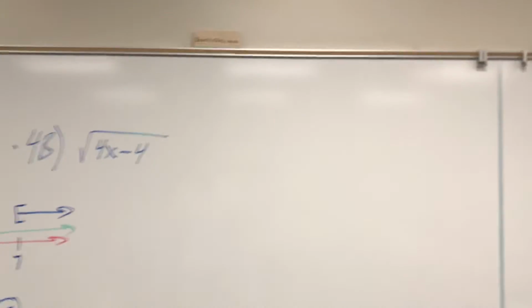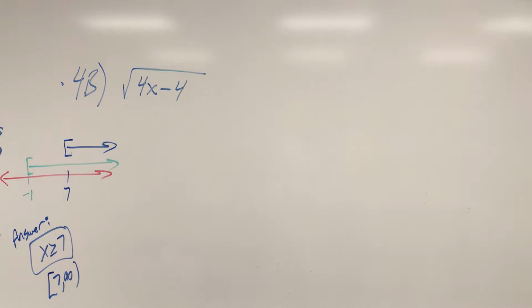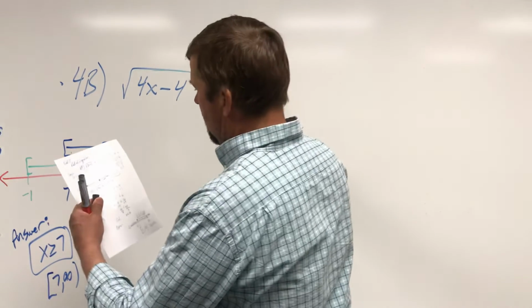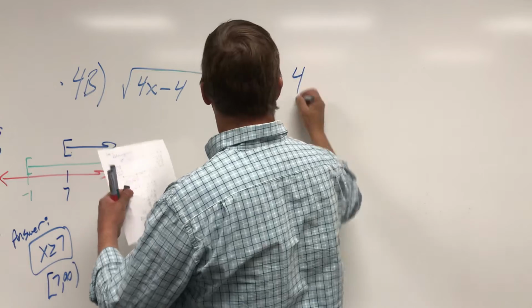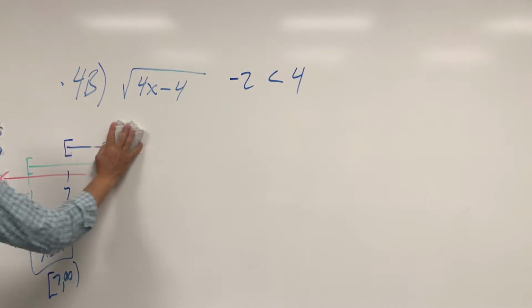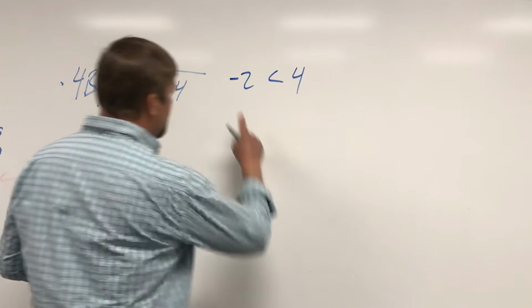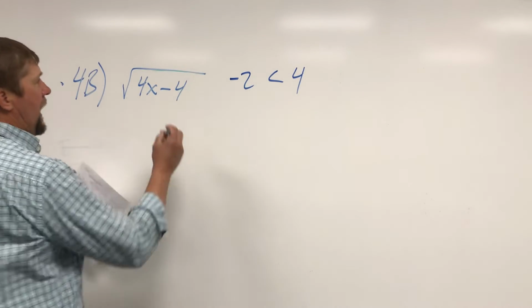Okay, so the next one, I accidentally deleted part of this, so let me rewrite the rest of it up here. Minus 2 is less than 4. We are going to do the same exact steps, and we're going to see how this works out. I'm going to add 2.